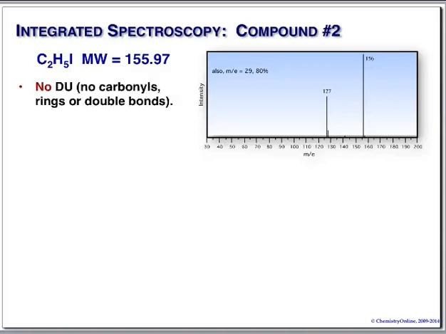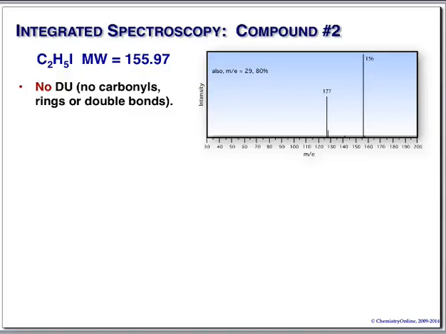We have an iodine in here, so let's not forget that guy. And only 2 carbons to work with. Here we have the molecular weight is 156, and we have a nice molecular ion here, also at 156. We lose a chunk here.